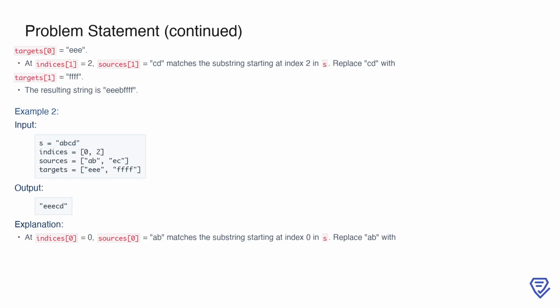This allows us to replace AB with targets[0], which is EE. However, for the second replacement at index 2, the substring is CD, which does not match sources[1]. Since there is no match, this replacement is skipped entirely. The resulting string after these operations is EECD. This example highlights that only valid replacements are performed, and mismatches are ignored.